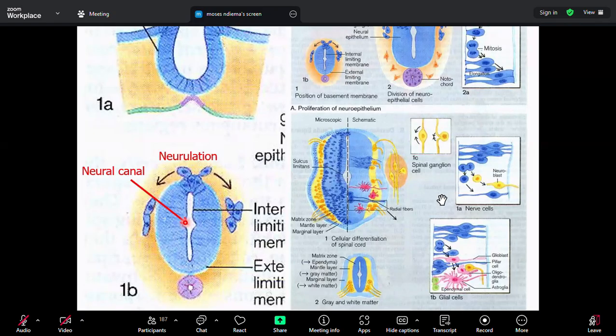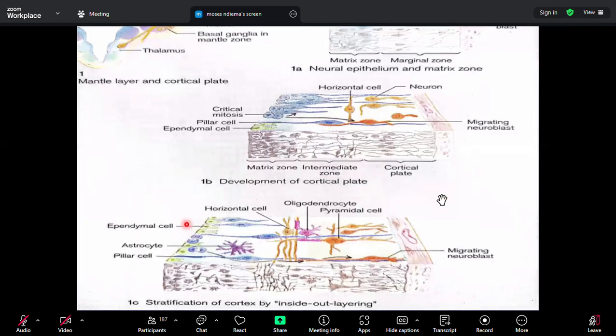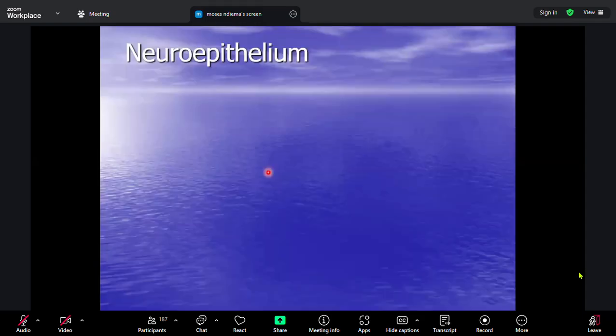This depression we refer to as the sulcus limitans. This is what I was illustrating, but this is for the brain, sulcus limitans.